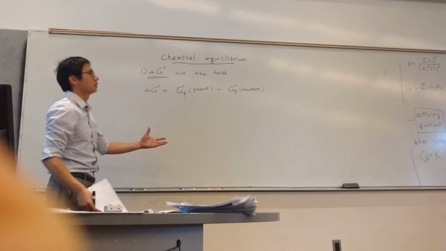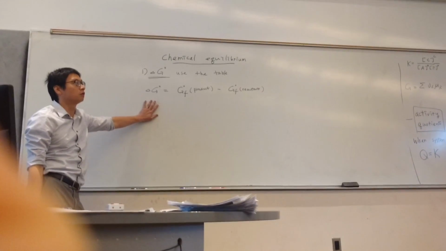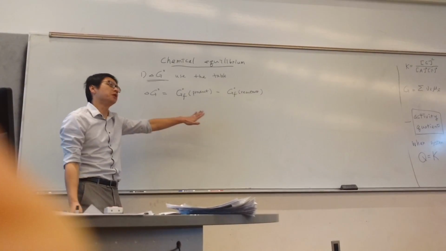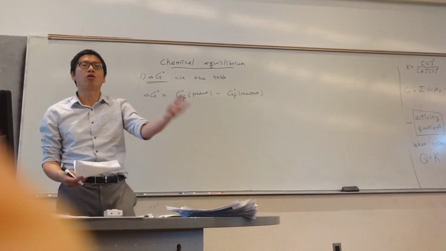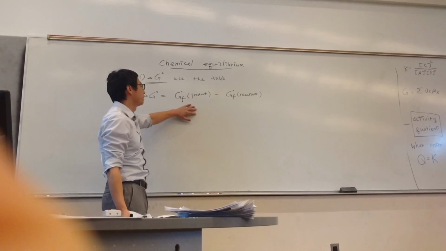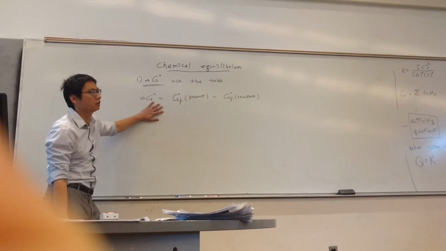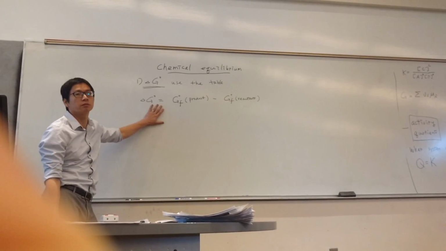So if today you encounter an equation where you can find the formation Gibbs free energy of each species, then you can just calculate all of them: all the G_f for your products minus all the G_f for your reactants. Then you can get the delta G for that specific equation.